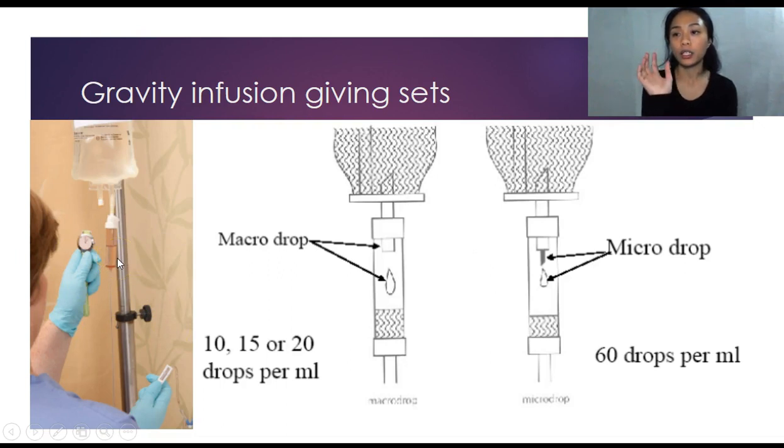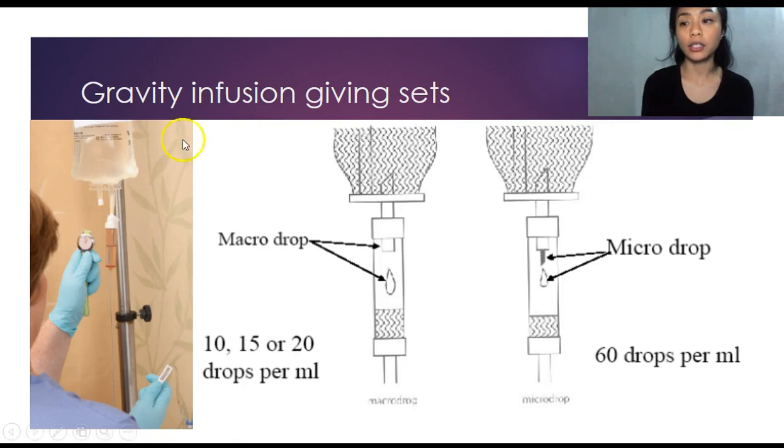So we've spiked the bag, we've primed the line, we've swabbed the patient's cannula, we connect the primed IV tubing to the patient's cannula, we secure it with the tubing, with some tape, and then we can go ahead and set the rate manually, which again is when you hold the roller clamp in your dominant hand.